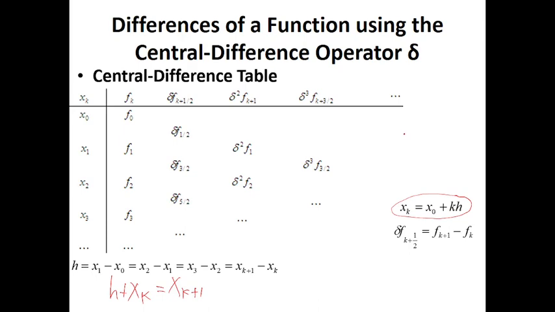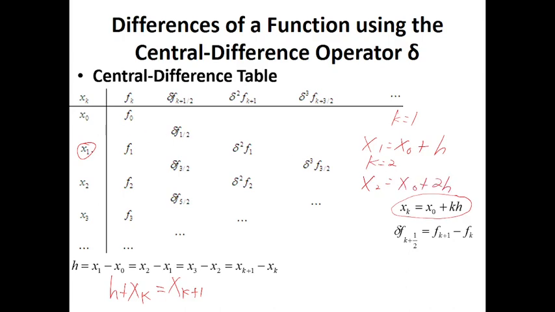For instance, if k is 1, this is x sub 1, right? So x sub 1 is x sub 0 plus 1h, or simply h. If k is 2, that is x sub 2, x sub 0 plus 2h.